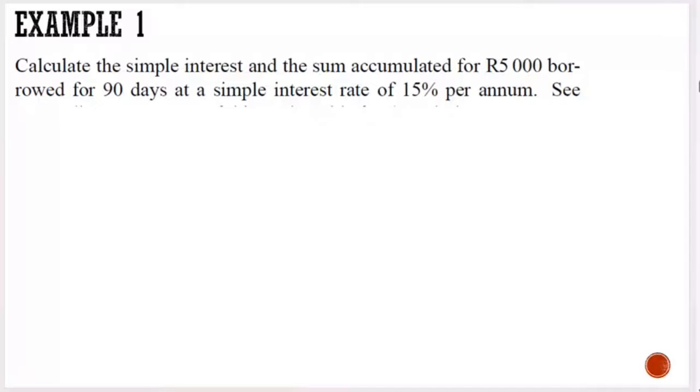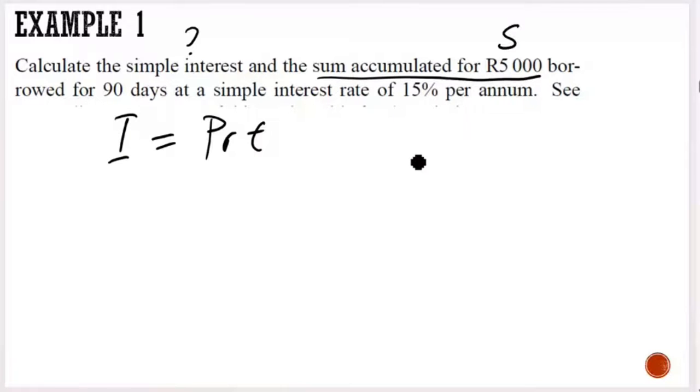If you are asked to calculate a simple interest, you know which formula to use. The simple interest formula is I is equal to PRT from the previous slide. That's what you are asked to calculate. The sum accumulated is just equal to S. So your S is equal to this.